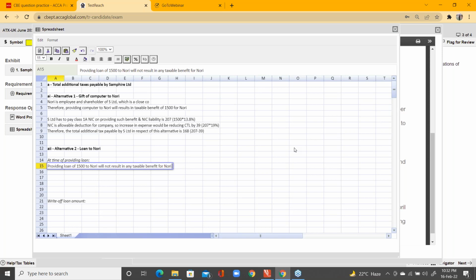Another thing we study in employment income is that if the loan amount is less than 10,000, then straightforward there, the loan benefit is exempt from taxation.